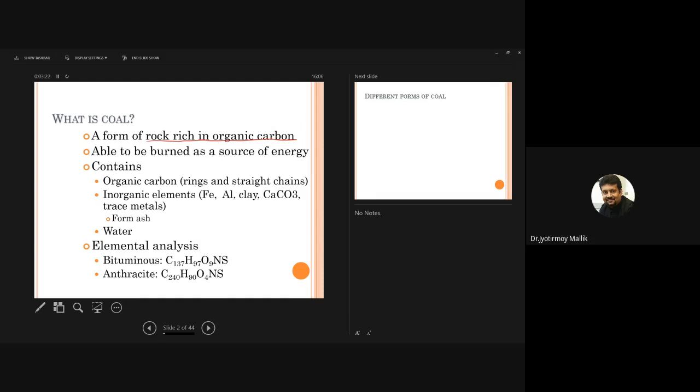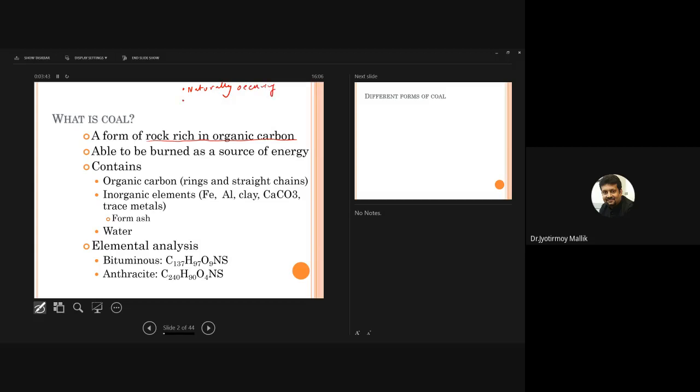If I see the definition of a rock, a rock has to be naturally occurring, and we will see if that holds for coal as well.